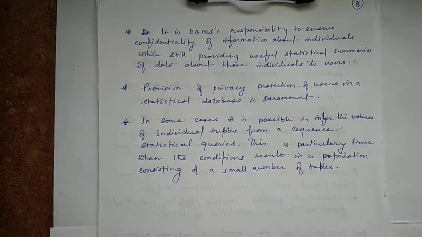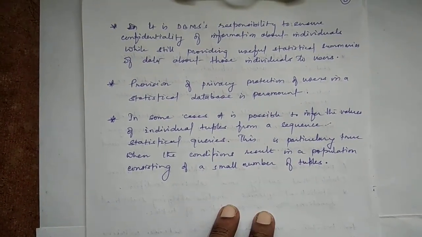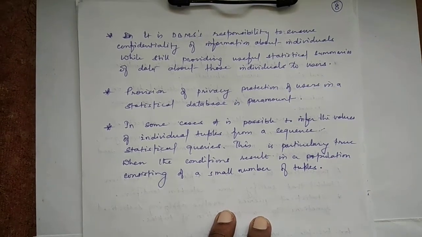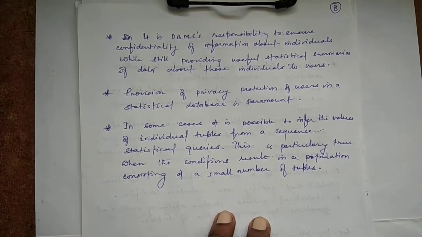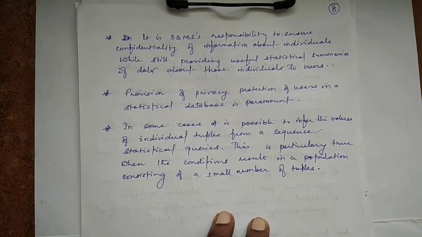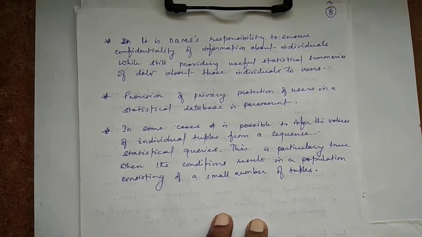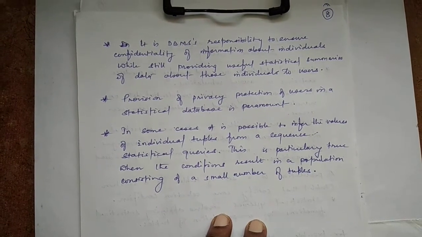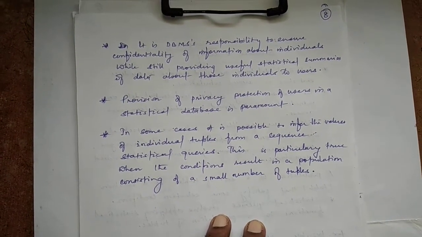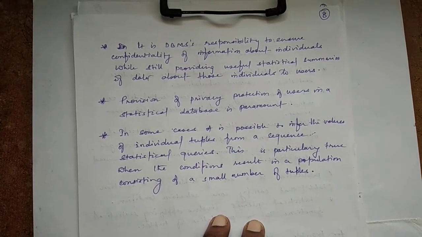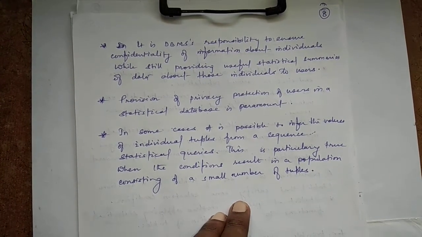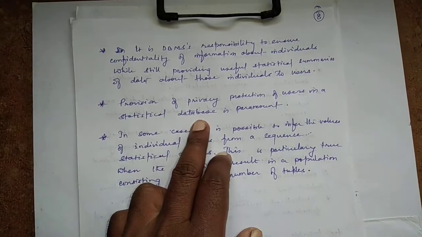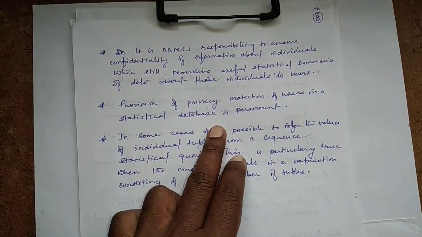First thing is, it is a DBMS responsibility to ensure confidentiality of information about individuals while still providing useful statistical summaries of data about those individuals to users. Second is provision of privacy protection of users in a statistical database is paramount.